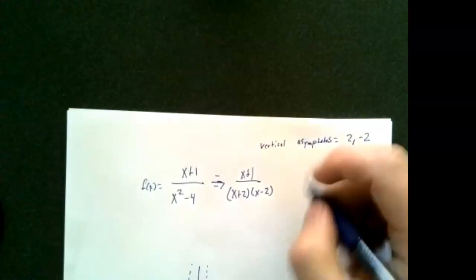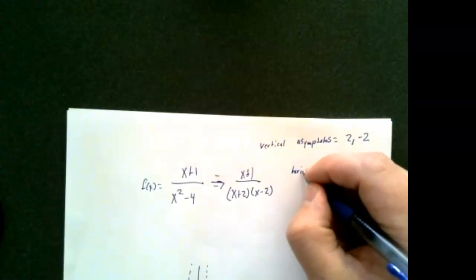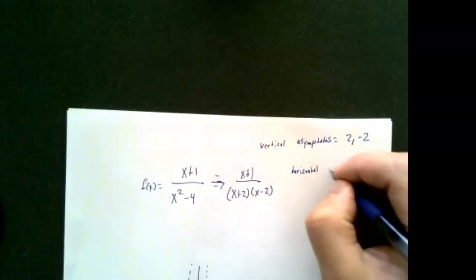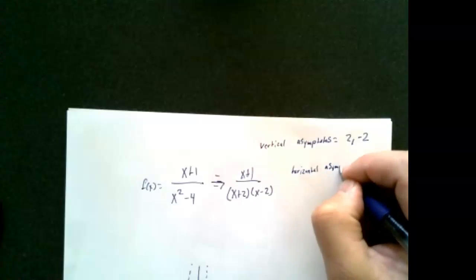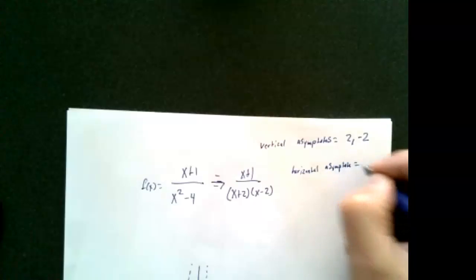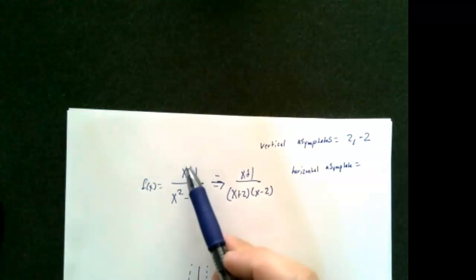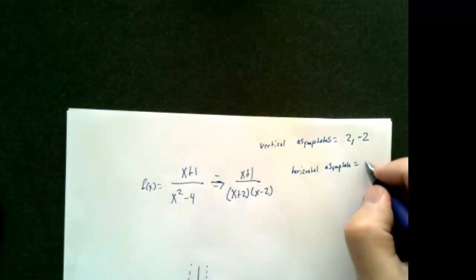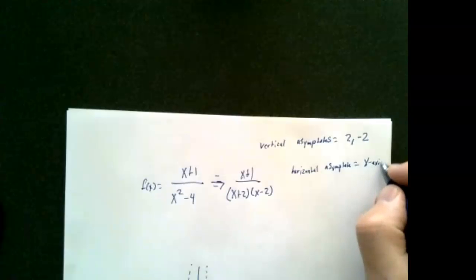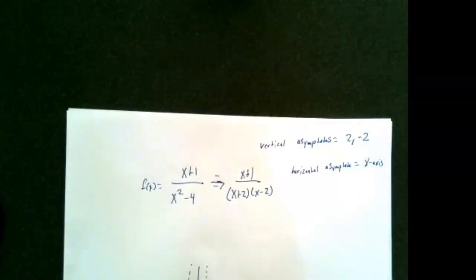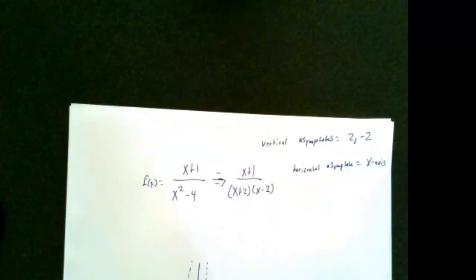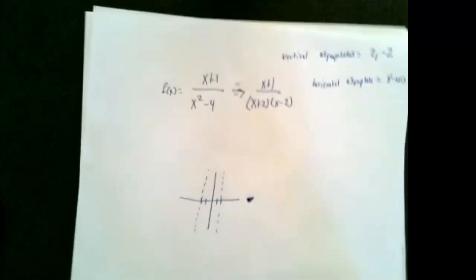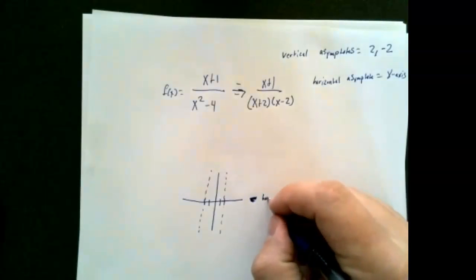So we have a horizontal asymptote since n is less than m at the x-axis, right there. But if you're thinking about intercepts, this is our horizontal.